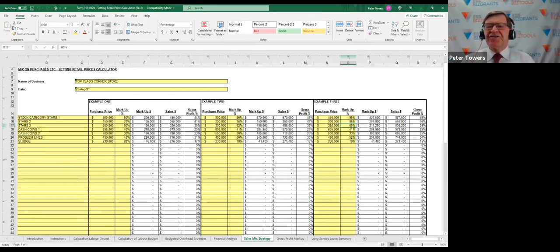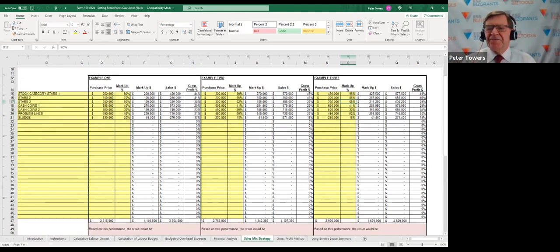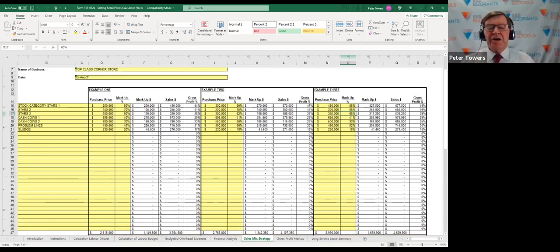These are the figures that I've sat down and talked to management about and said, well, tell me what you're doing at present. They've told me that and I know from the accounts, the turnover is $3.7 million. So let's just go through, and they say, well, we've got these star stocks, and I've just called them star category number 1.